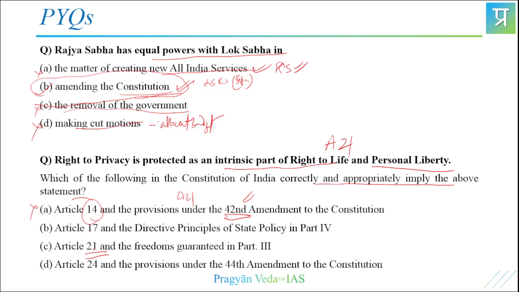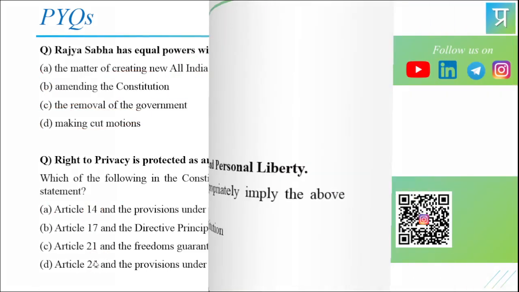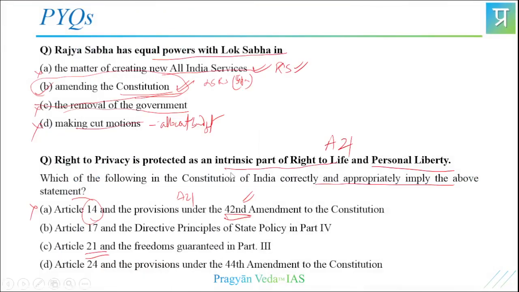Article 21 is clearly given here. Article 24, we have provisions, right? Various provisions under the 44th amendment. This is also not correct. This is regarding untouchability and others. Part 4, no. DPSP, no. So clear answer C, right?